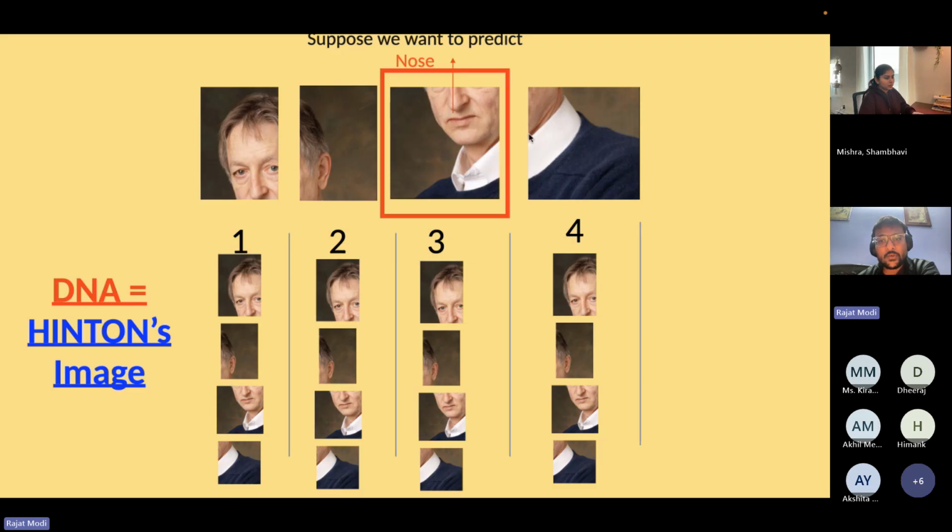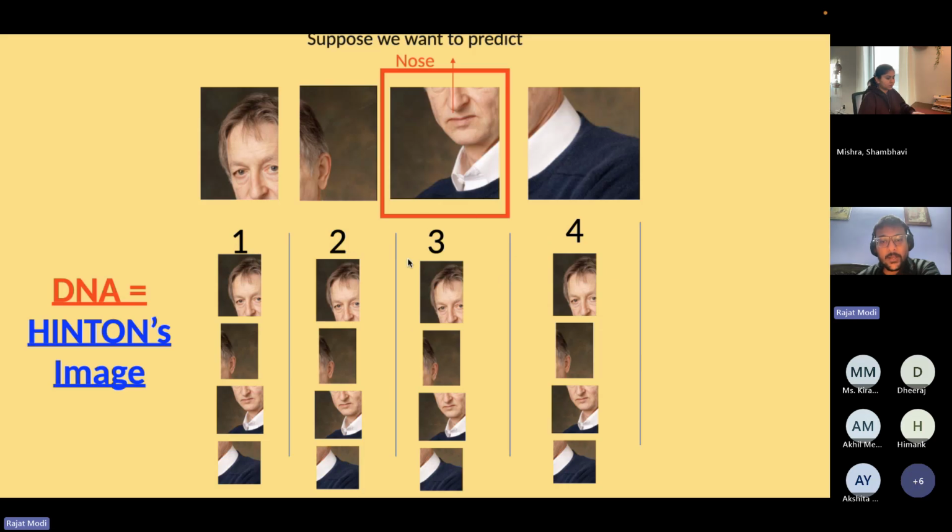The way you input this data to the MLP is you take this image and you flatten it. There are four locations, and each location contains the entire image. You have four numbers, which are the positional encodings 1, 2, 3, 4.